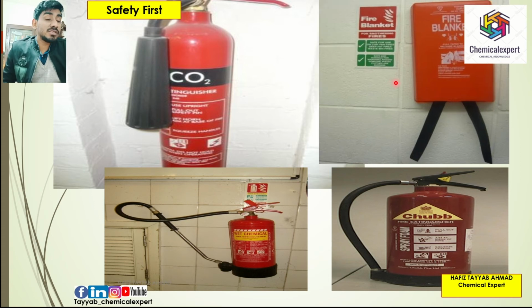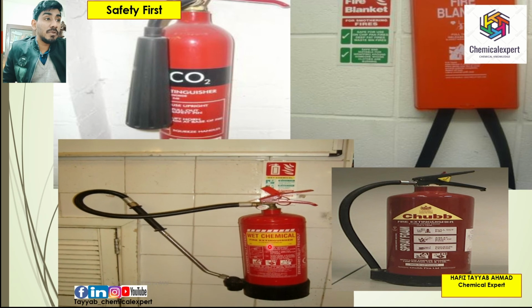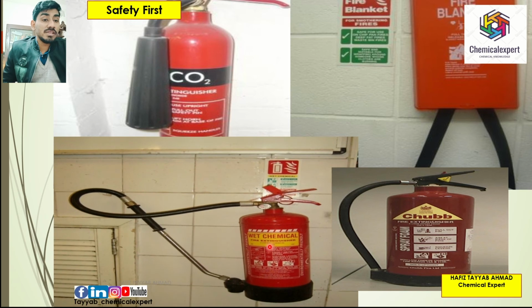Then there is a fire blanket, which covers the fire when we put it on. The third one is wet chemical. There are wet chemicals as well as dry chemicals, which we use to cover the fire, and that's also helpful as a fire extinguisher.